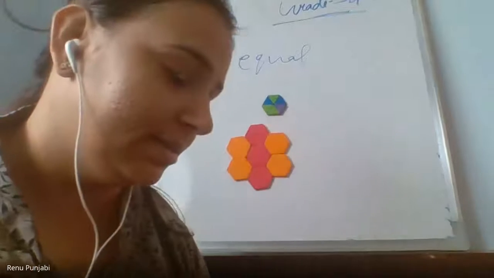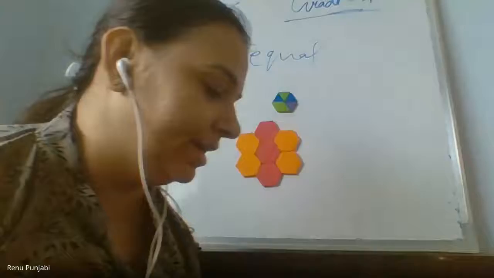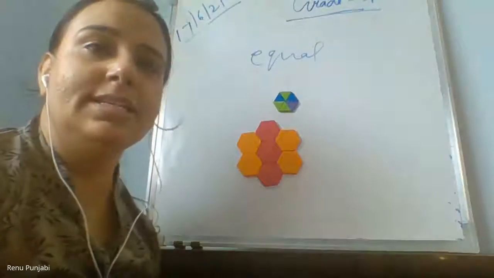Ma'am, can I say something? Yes, please. Ma'am, the pattern in football is like a hexagon only. Yes. So this way you can create the patterns. But remember which shapes come in the patterns?